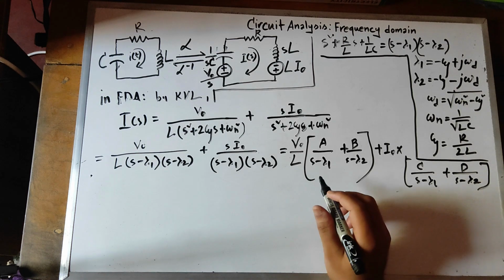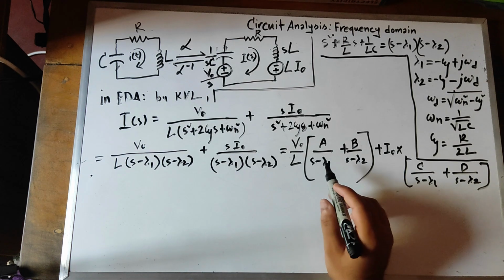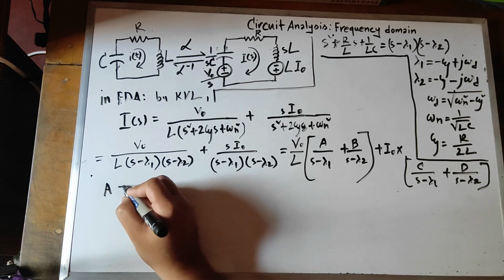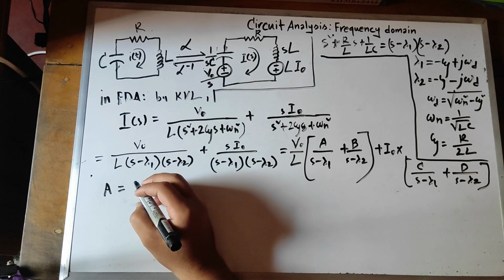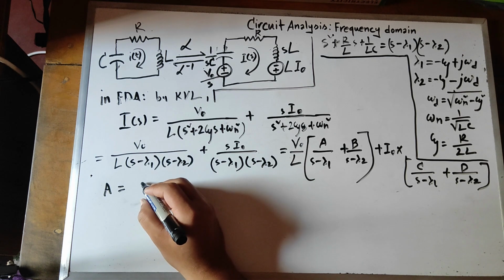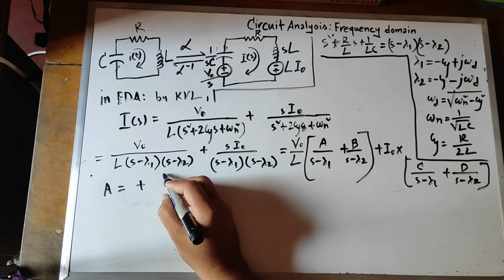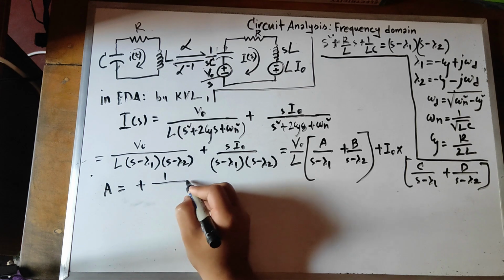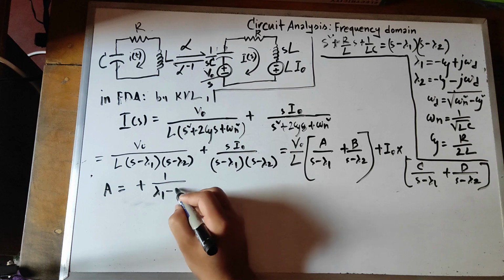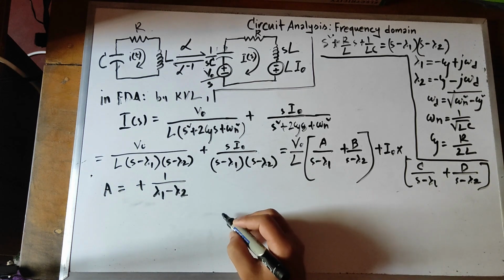So we have found our arbitrary terms for the partial fractions, which are: A is plus 1 by (lambda 1 minus lambda 2).